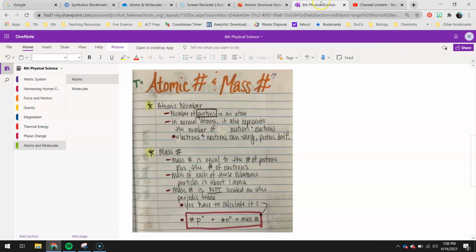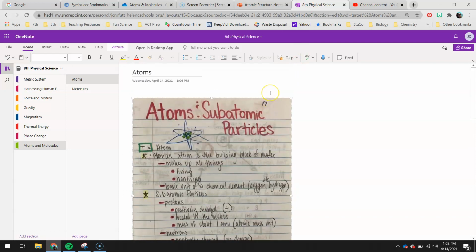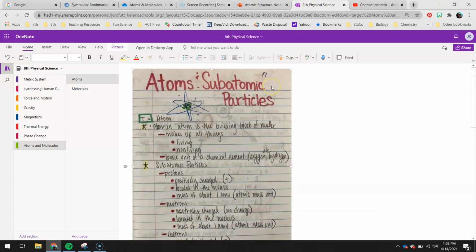Okay, so again, I'm just going to go through this. Some of this should be review from what you got front-loaded to you for the escape room activity. So first, we're going to talk about the structure of an atom. An atom is the smallest, undividable part, and that's not necessarily true anymore, as we found we can divide an atom into protons, neutrons, and electrons.